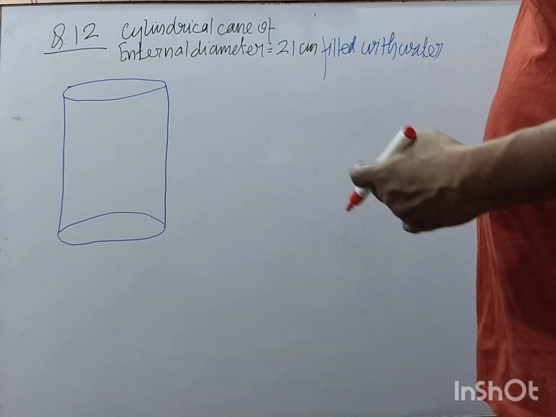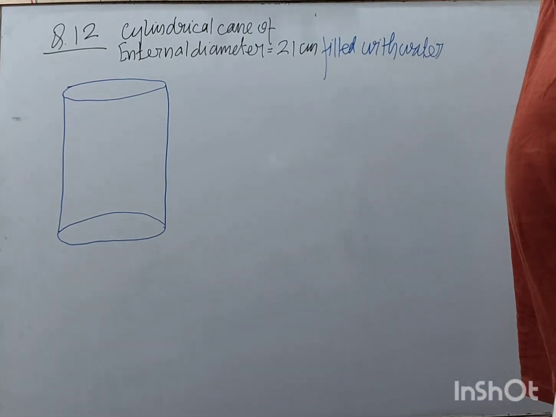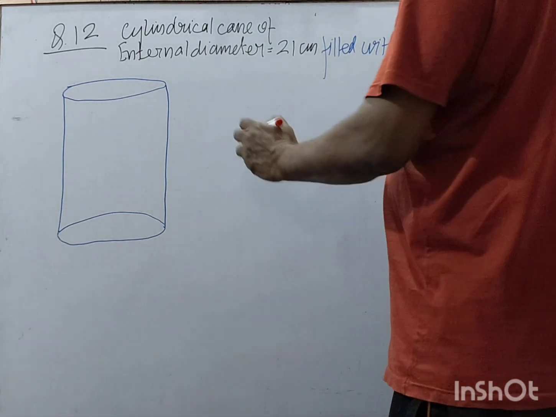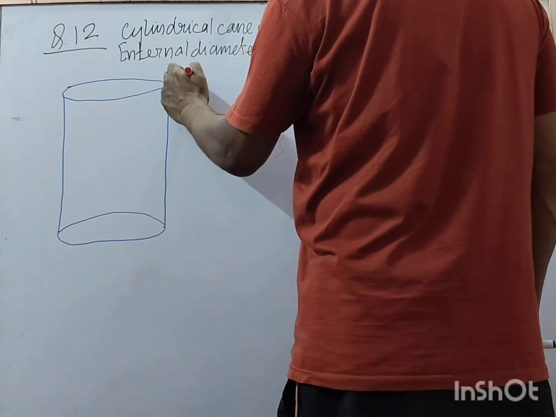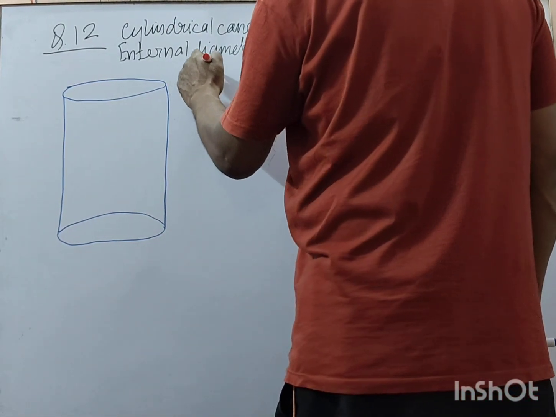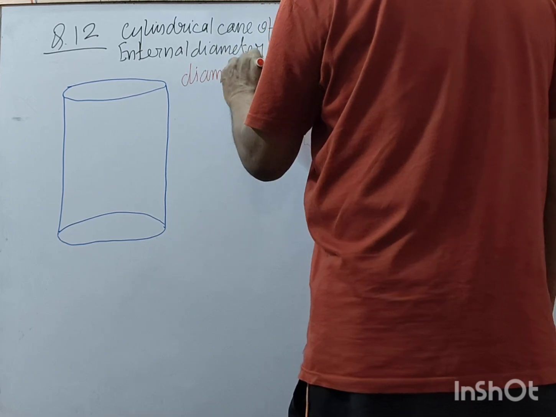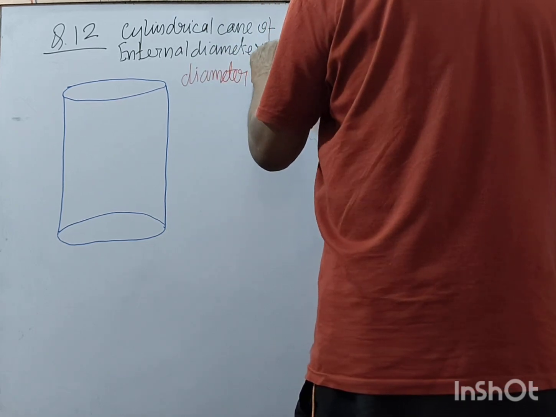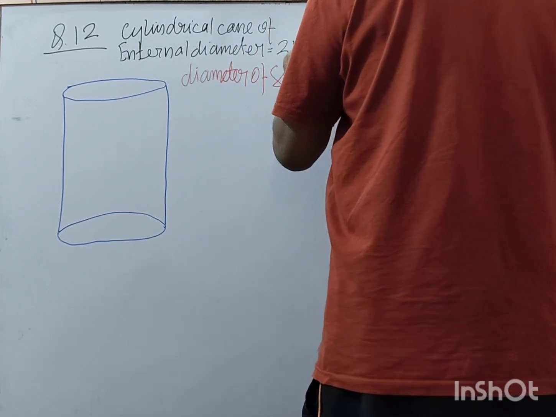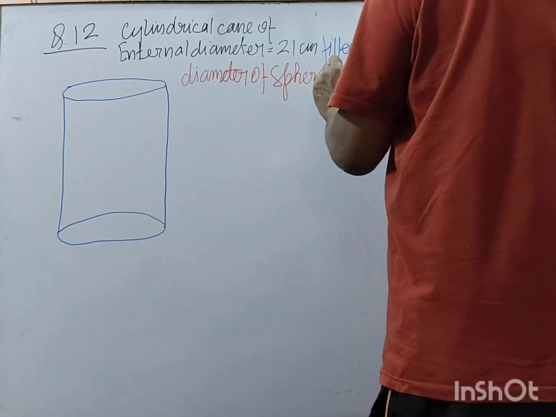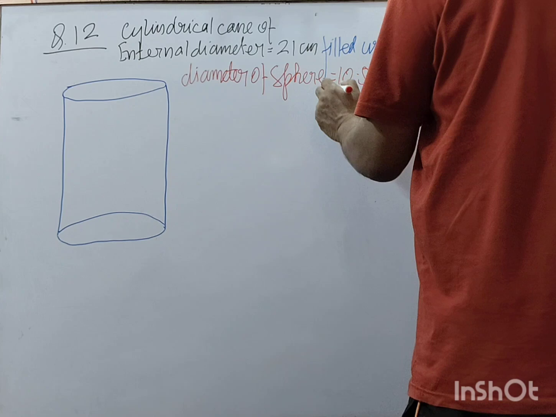What is the diameter? Diameter of the sphere is 10.5 centimeter. So what is the radius?